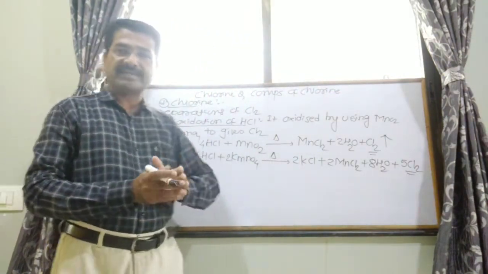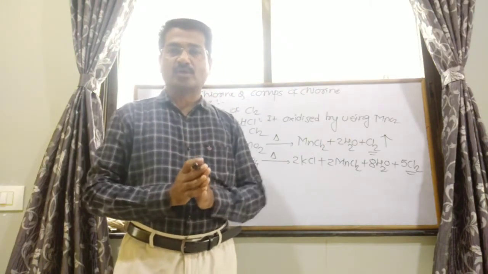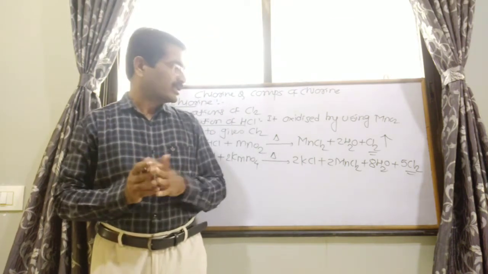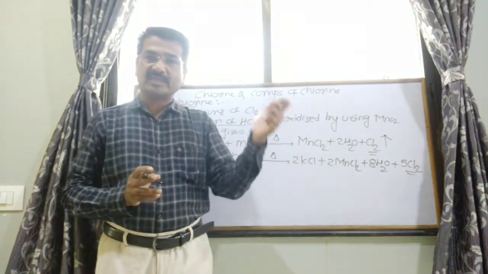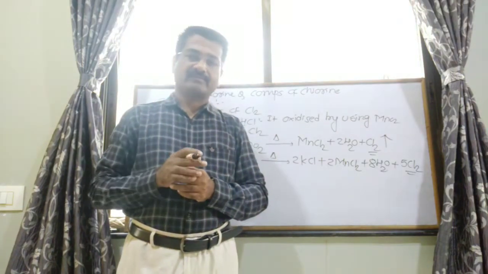This is the first preparation method of chlorine, by oxidation of hydrochloric acid, which is oxidized in 2 ways, using manganese dioxide or potassium permanganate.